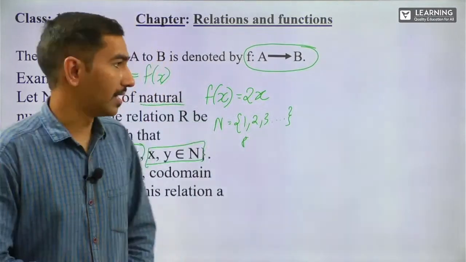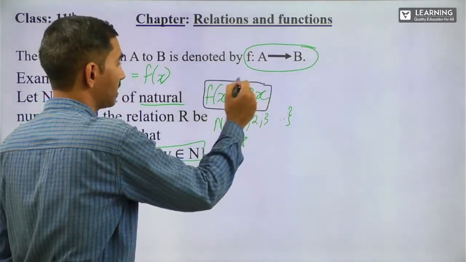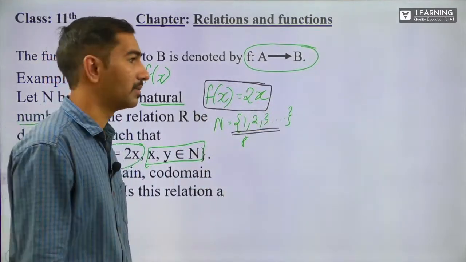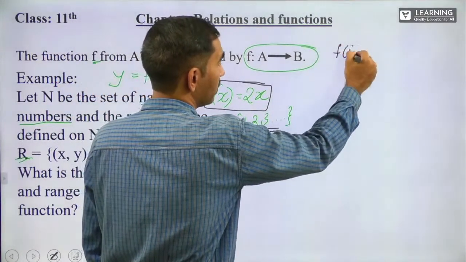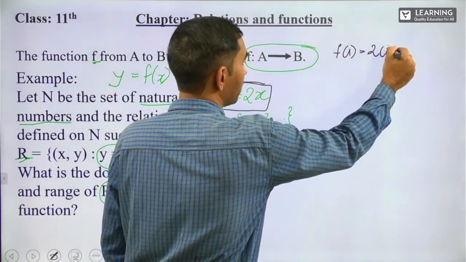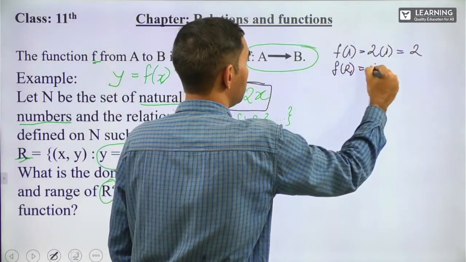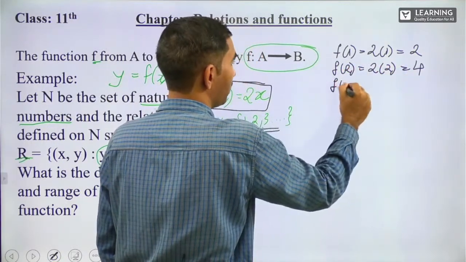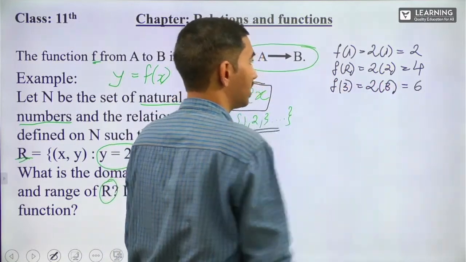Okay, on the left hand side. So f of x is equal to 2x, students. And what is x? x is nothing but domain. So that is nothing but the set of natural numbers. So let us put 1, 2, 3, 4. So f of 1 is equal to 2 into 1, which is equal to 2. f of 2 is equal to 2 into 2, which is equal to 4. f of 3 is equal to 2 into 3, which is equal to 6.